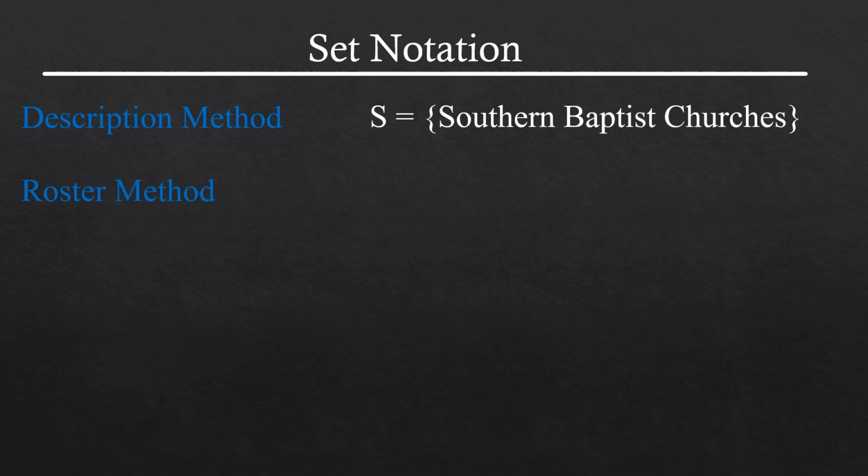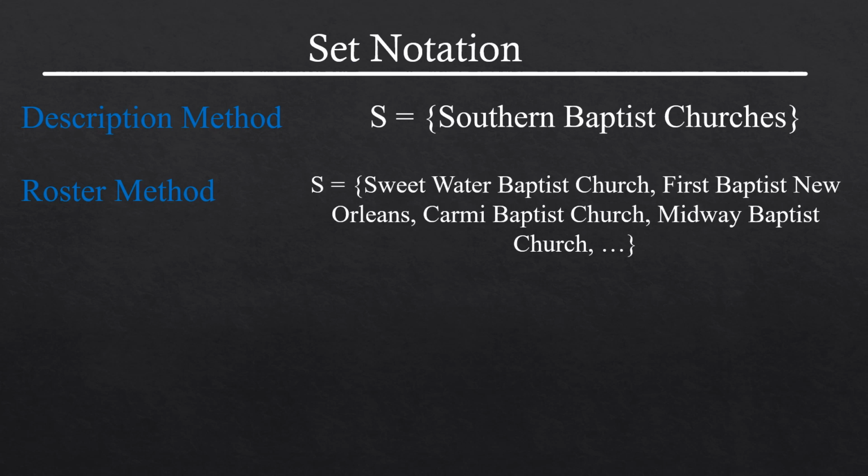There is also the roster method. The roster method is what you would think of. For example, the roster method would be where you would list all of the churches. Now, thankfully for you, we are not going to list all 51,000 some odd churches, but you would list them.